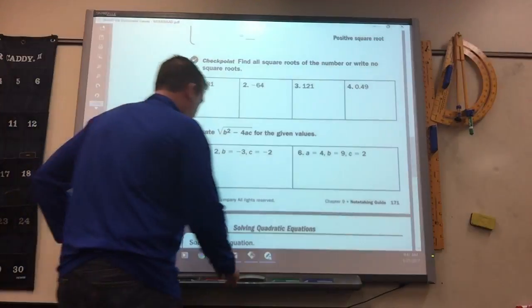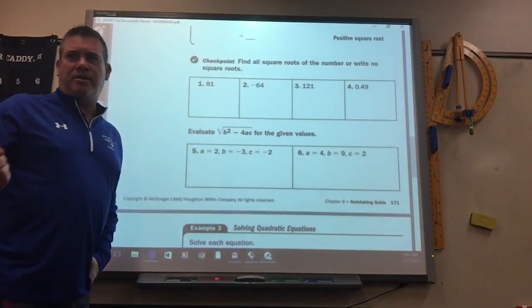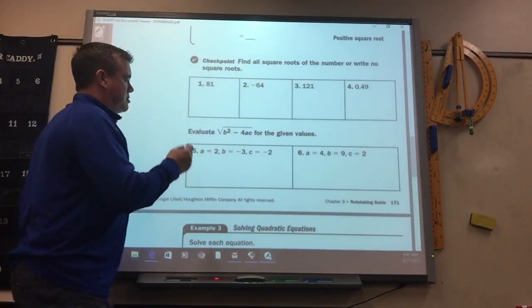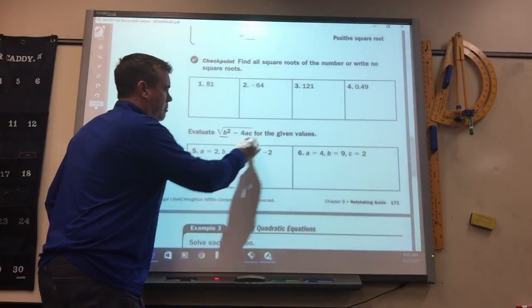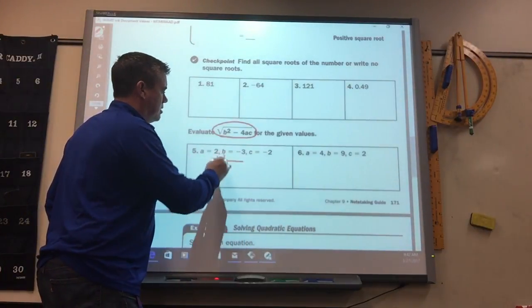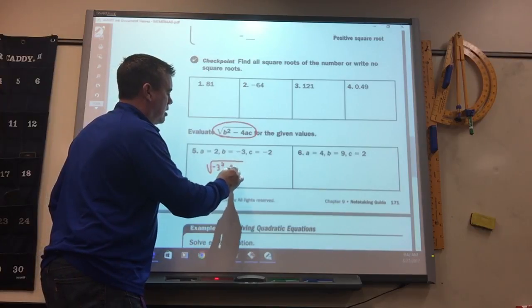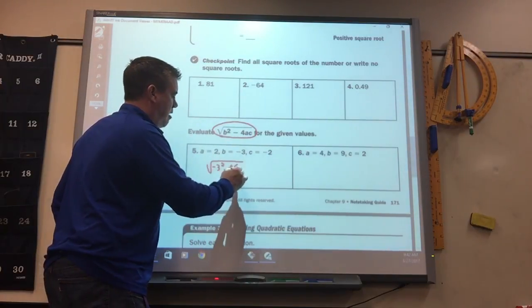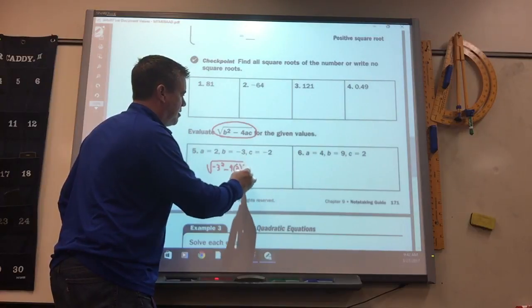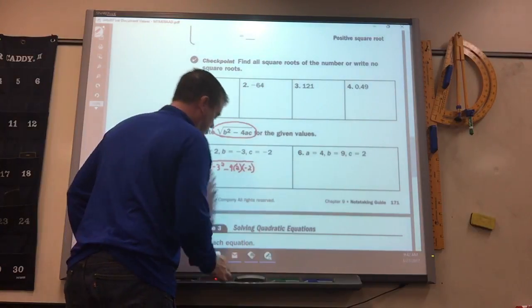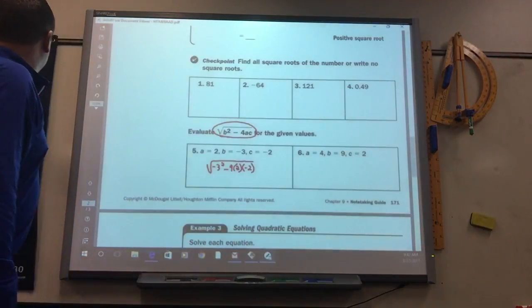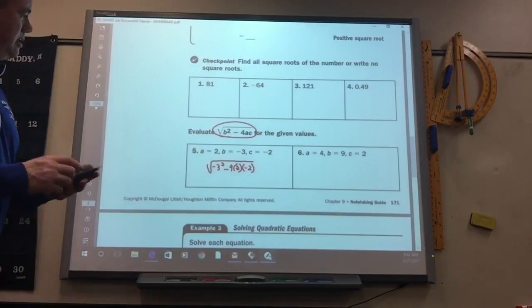Here. You guys all have a calculator on the iPad? Try this just to see what you get. We're plugging them in here. So it's negative 3 squared minus 4 times a times c. I'm going to try both calculators and see what happens.